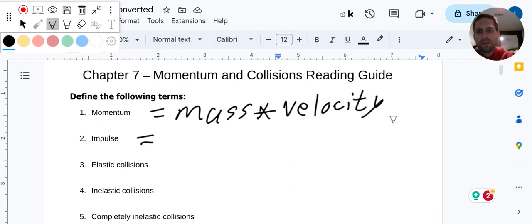Impulse is force over some time interval. Force in some time interval, or times by time interval.